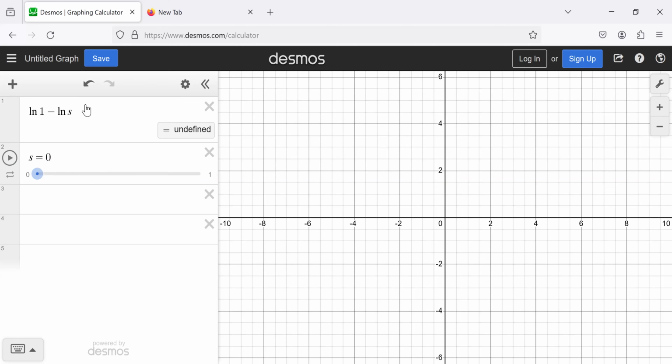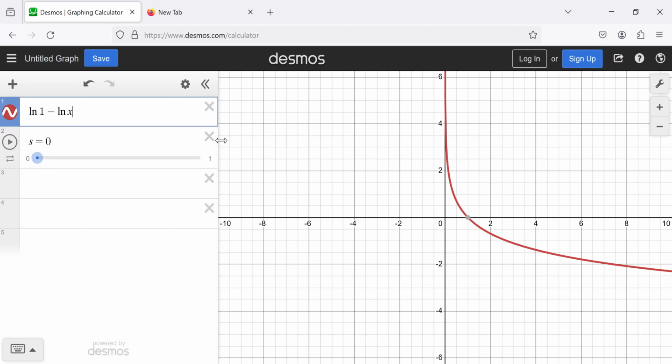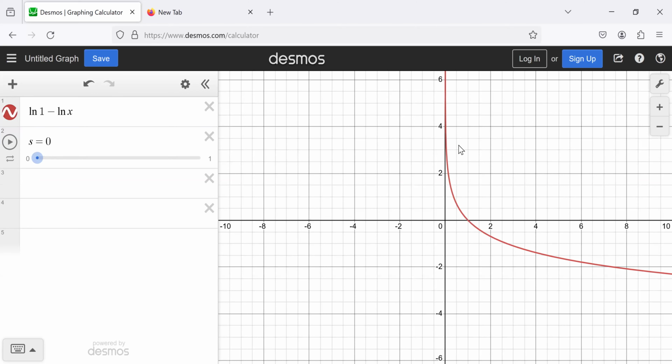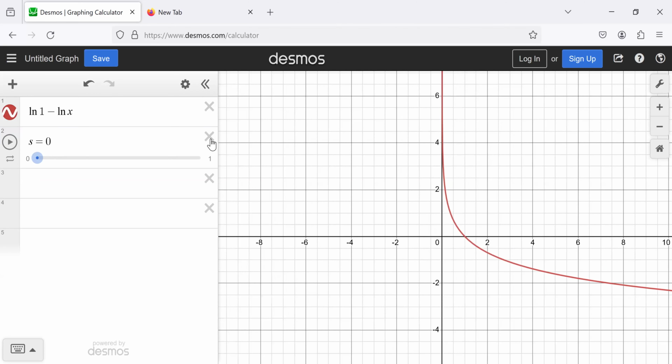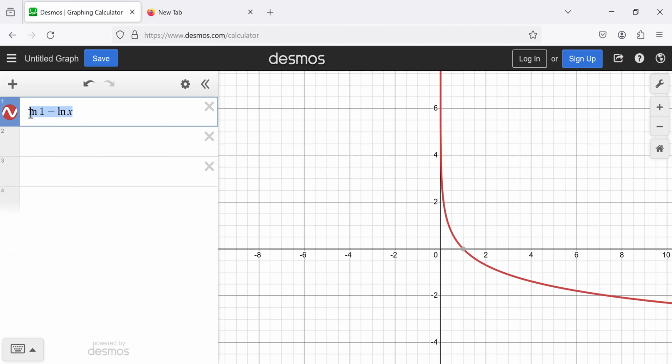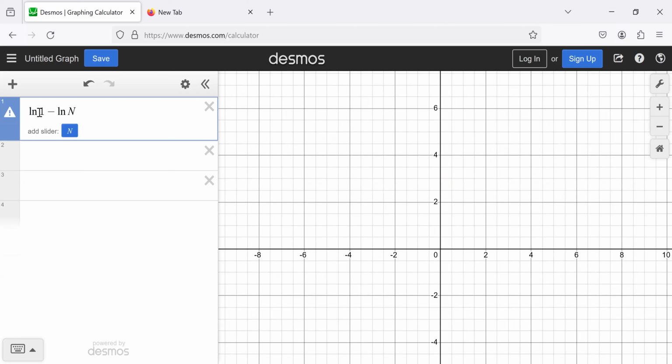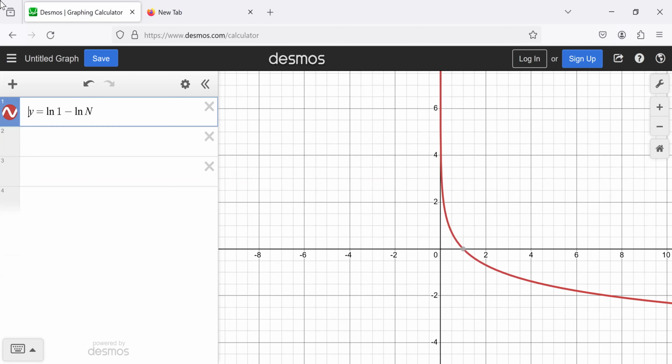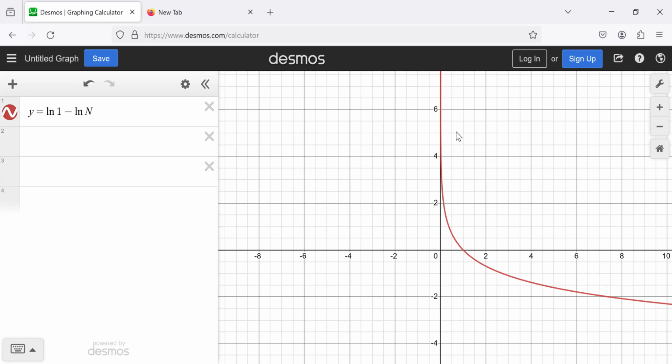But another way of seeing this would be graphical. Maybe that's actually the most natural way to do it. What happens to the natural log of 1 minus the natural log of n as n approaches 0?